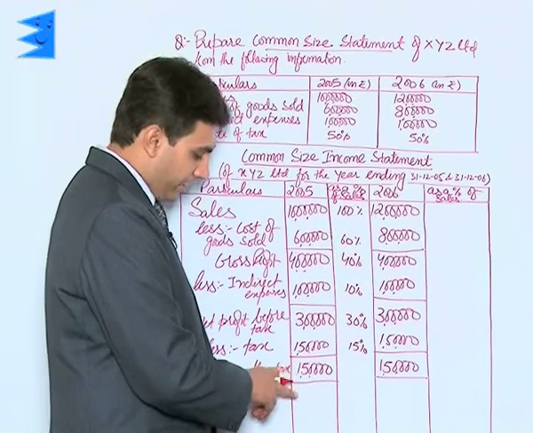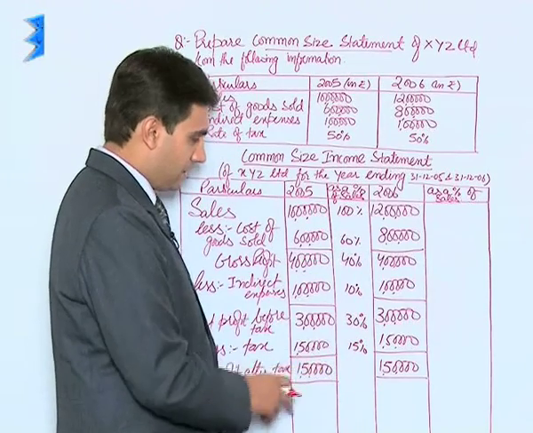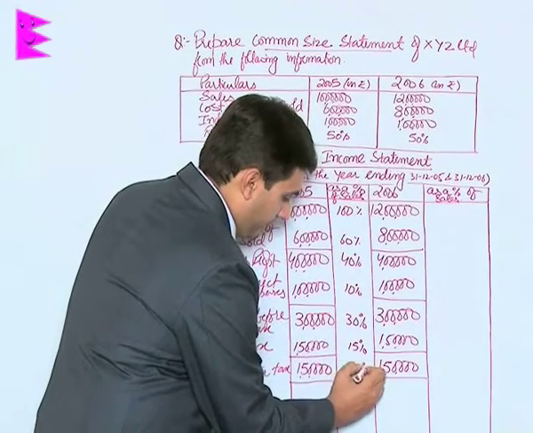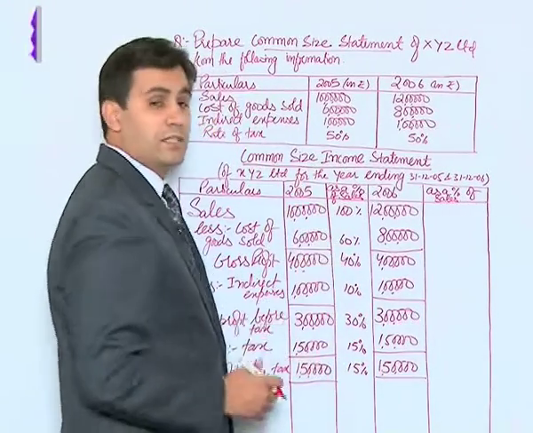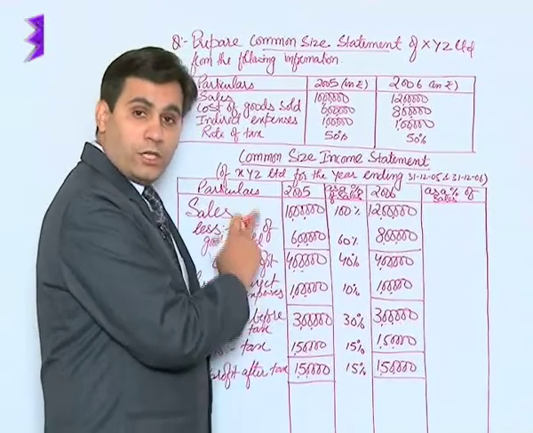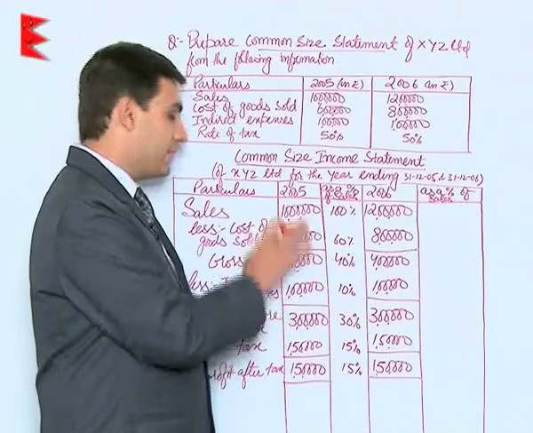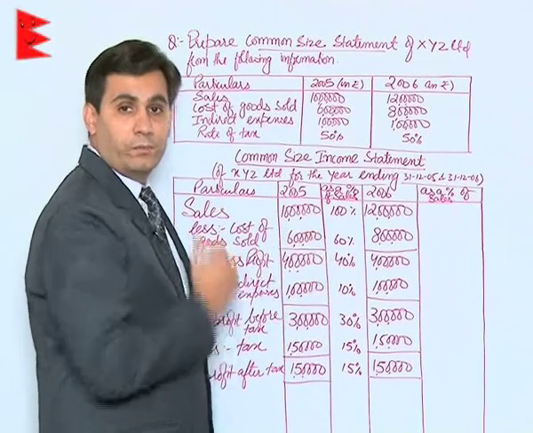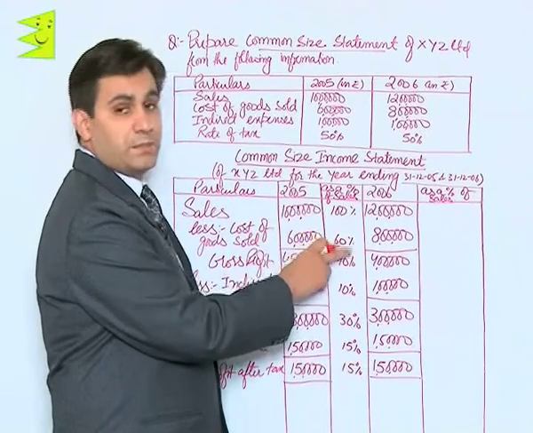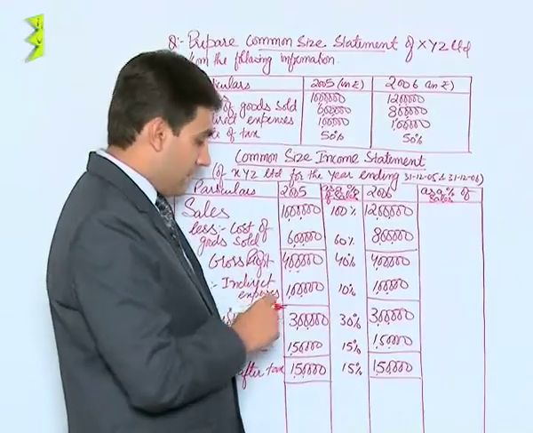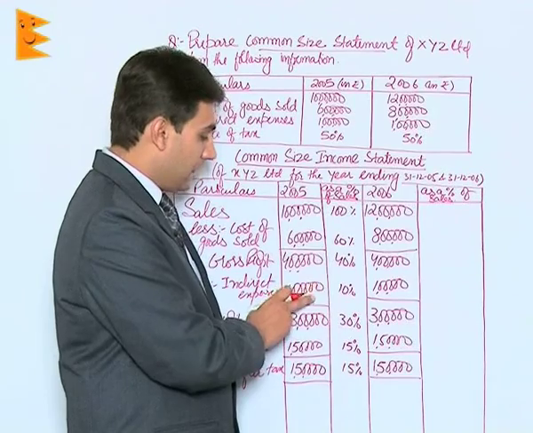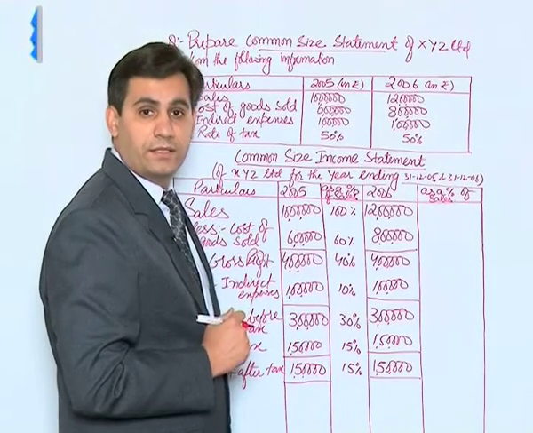And lastly, again the same figure, 1,50,000 divided by 10 lakh into 100 will give us 15%. So these percentages now represent the share of all the items based on net sales. That means the cost of goods sold represents 60% of the sales. Similarly, indirect expenses 1 lakh, they represent 10% of the net sales.